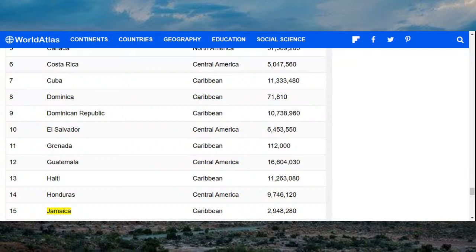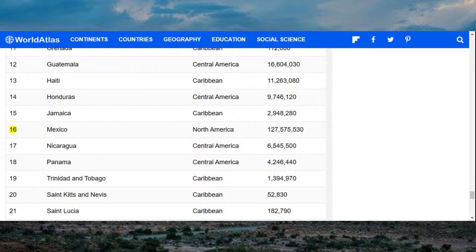Jamaica, Caribbean, 2,948,280. 16. Mexico, North America, 127,575,530. 17. Nicaragua, Central America, 6,545,500. 18.